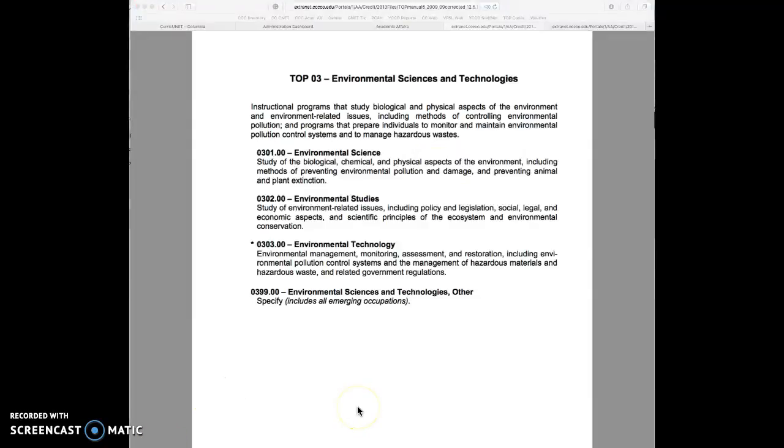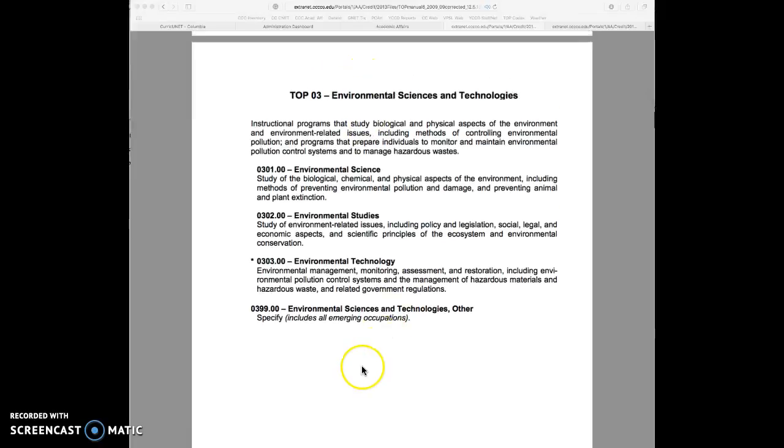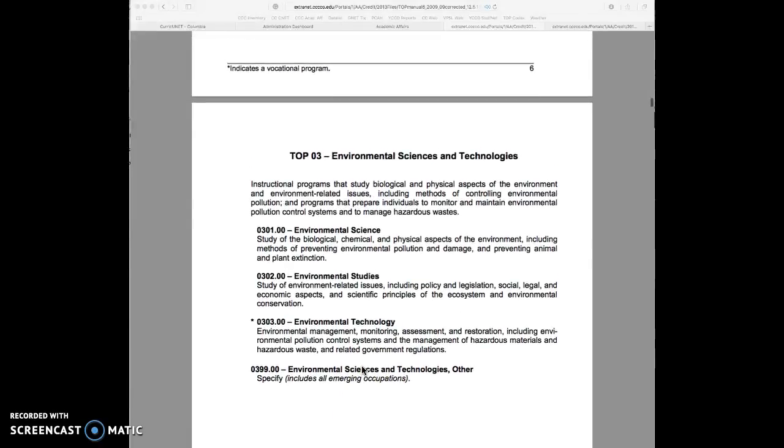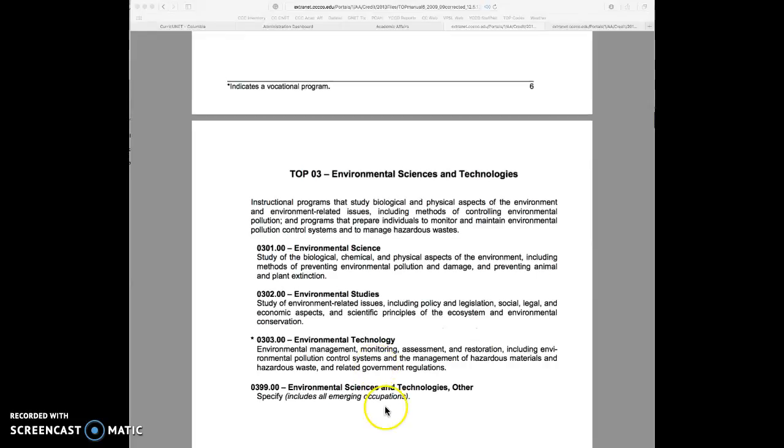So what you can know is that the TOP, or the Taxonomy of Programs, generates the TOP code. It will be your job to become an expert in this, but you are probably advised not to make coding decisions by yourself, especially when you're starting. I always took the practice of, I can make an educated guess, but ideally I would like the faculty member to make a final decision on how the course should be coded.